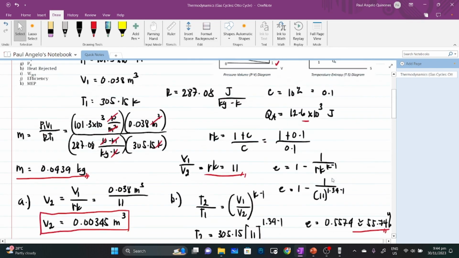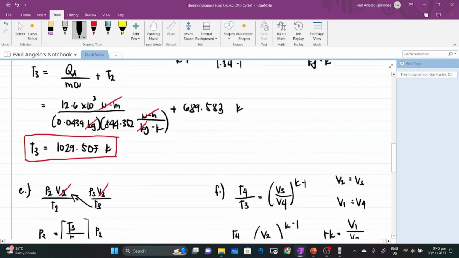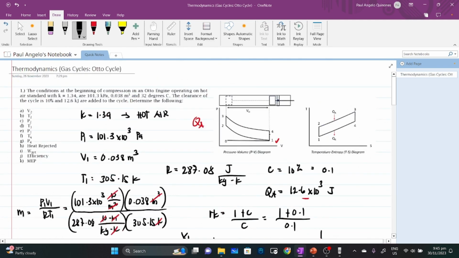Okay, next we are asked to solve for the MEP, or the mean effective pressure. That is letter K. The mean effective pressure is work net over volume displacement. The volume displacement simply corresponds to the difference between the largest volume, V1, minus V sub 2. Basically, it is the displacement, or the distance between your bottom dead center and the top dead center.